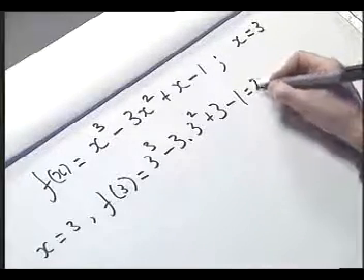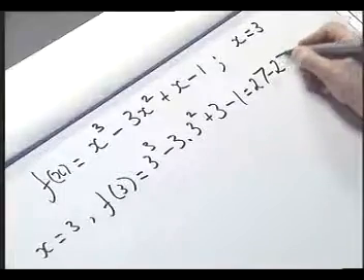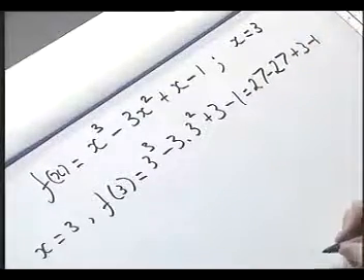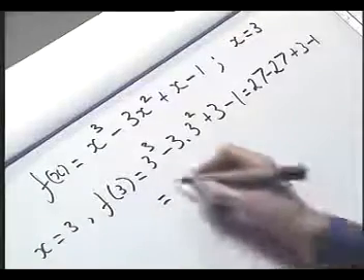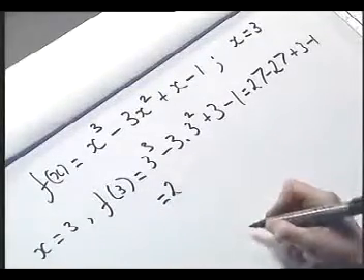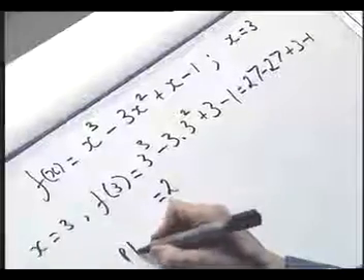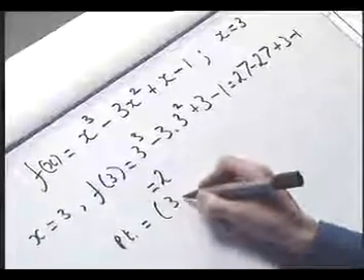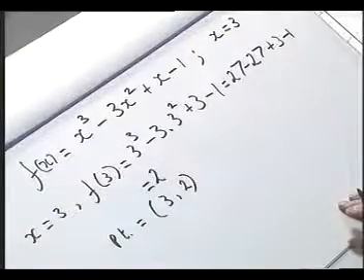So this builds to 27 minus 27 plus 3 minus 1. So altogether we come up with 2. So the point that we're actually interested in on the curve is the point 3, 2.